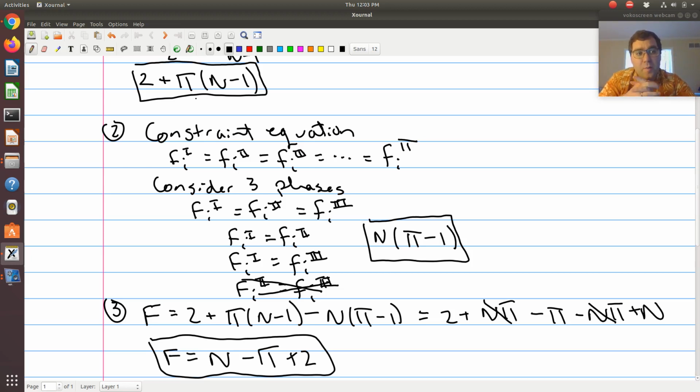For each component, I can write down an isofugacity expression, and the fugacity of each component in each phase must be equal. So that gives me pi minus 1 constraint equations for each species. When I have n species, that gives me n times pi minus 1 constraints. So the degrees of freedom is just the total number of variables needed minus my constraints. Okay, that's the Gibbs phase rule.